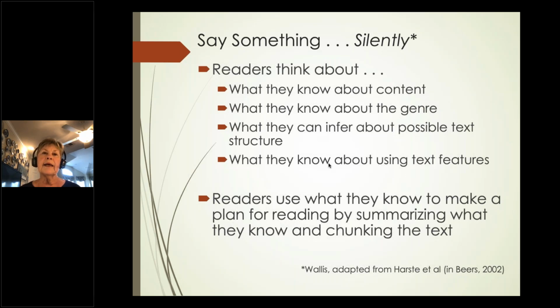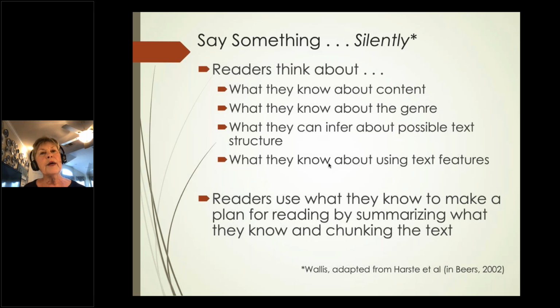So, Say Something went like this. Two kids would sit side by side and they would mark some places in the text to stop and say something. They would have that conversation about the content, about the genre, what's happening in the text, any questions that they were having, and then they would read on.